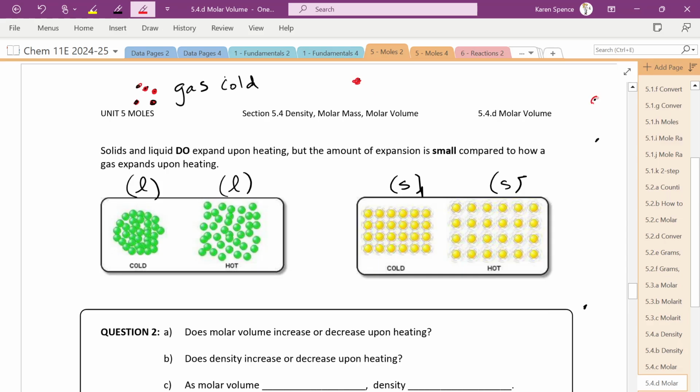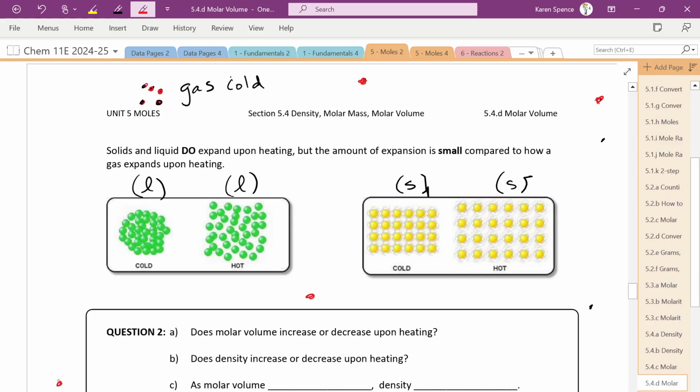Gas hot would be like this. Gas hot, right? It's just so much more. I can't put it on a page without devoting an entire page to it. Do you know what I mean?